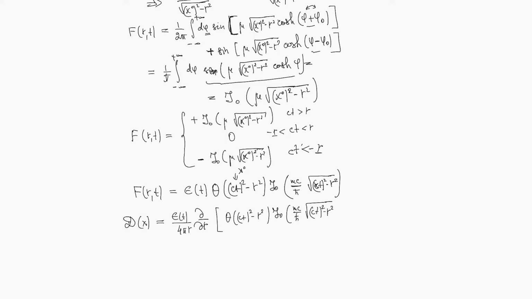And so when you differentiate over dr, differentiating this term will give you the delta function, which you have seen in the expression for delta on x, and then differentiating the Bessel function with index 0 will produce the Bessel function with index 1. So there is a standard formula for that.